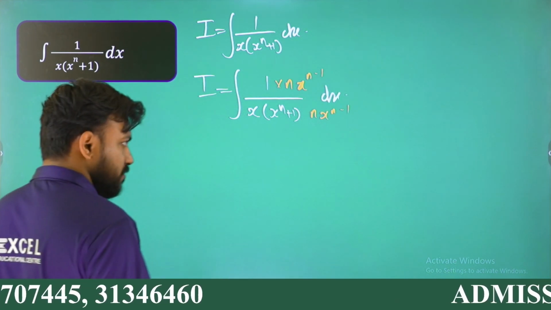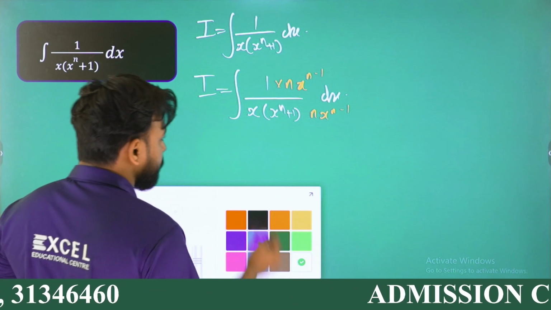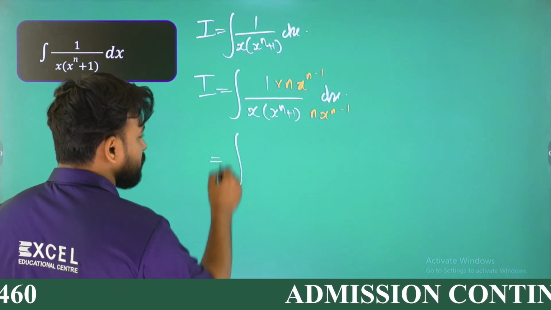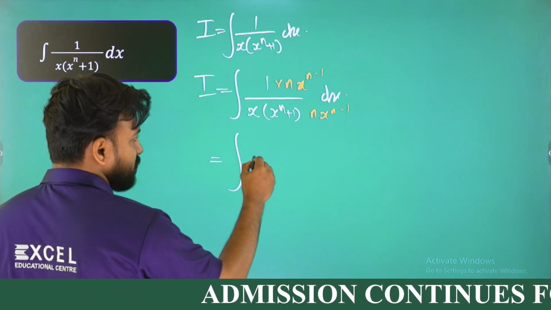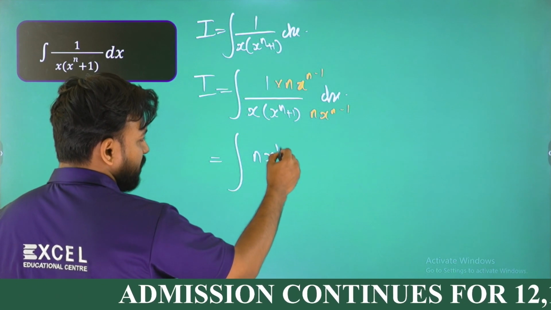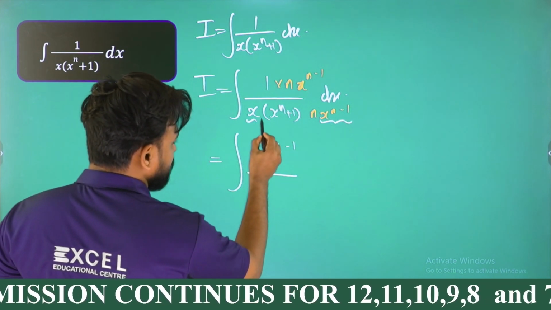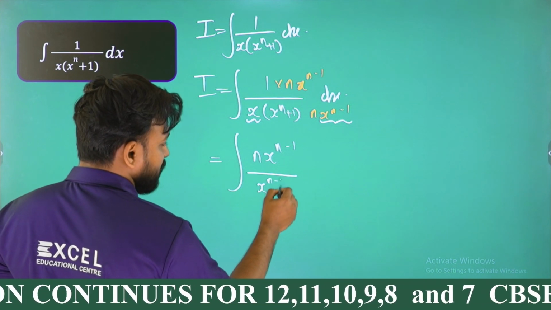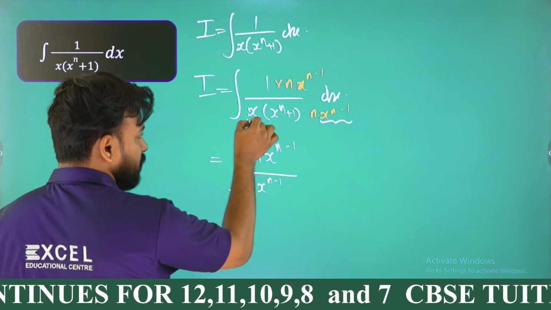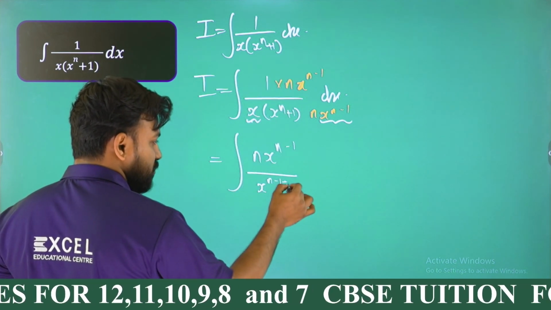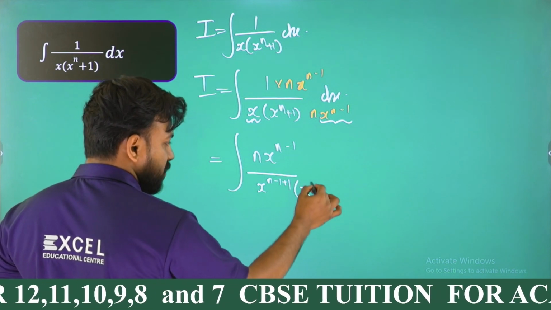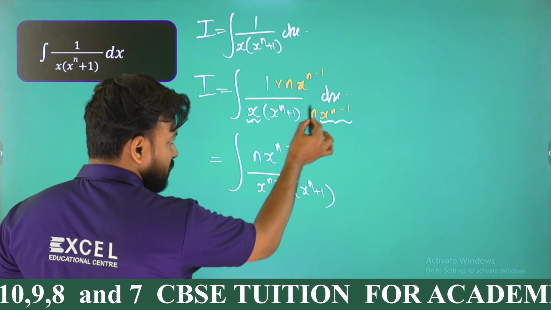Why did I do that? Now, what is on the numerator? At the numerator, what is it? nx raised to n minus 1, and x raised to n minus 1 into x is what? x raised to n minus 1 into x is what? x raised to 1 is what? It's plus 1, so x raised to n plus 1, and there is an n here.